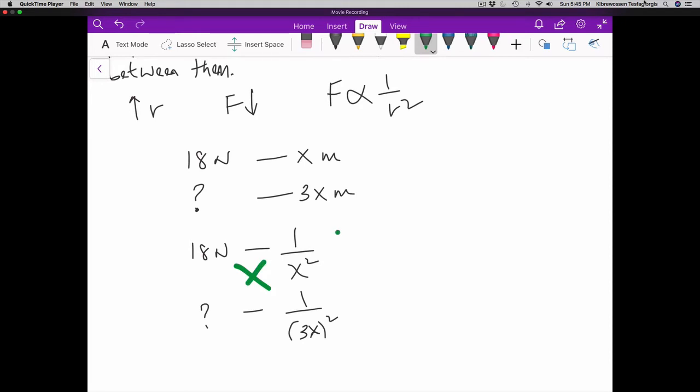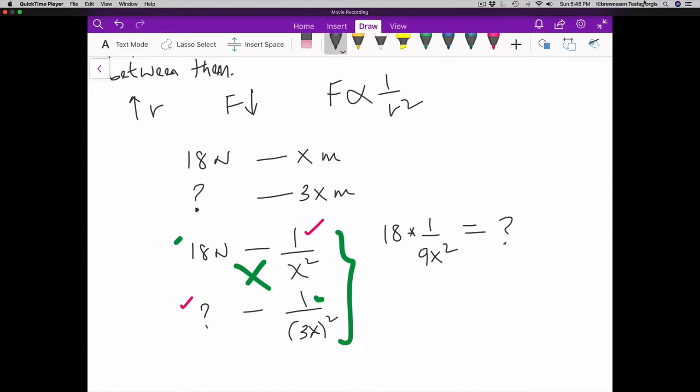If you do crisscrossing here, 18 will be multiplied by 1 over 3x squared, which is 1 over 9x squared, and that proportion automatically changes to an equation.